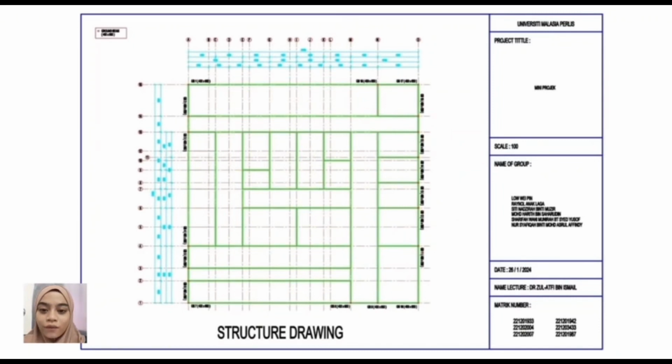Okay, next, structure drawing. Structure drawing have a little bit same for architecture drawing. Example is dimension, grid line, horizontal and vertical. And in structure drawing have ground beam. Ground beam size is 400 and 1650.